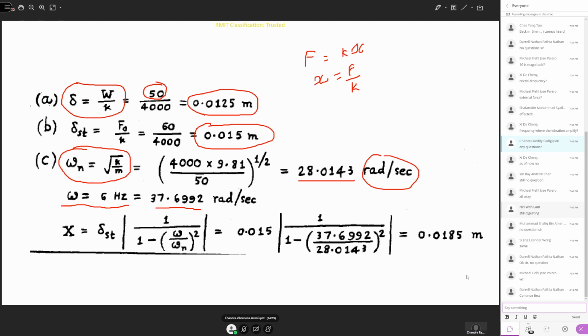Then we can write the amplitude of the vibration x as static deflection times 1 over 1 minus r squared. If you do this, you get about 0.0185 meters.